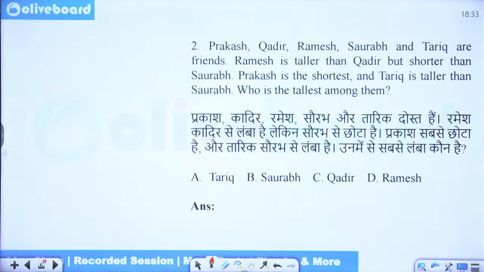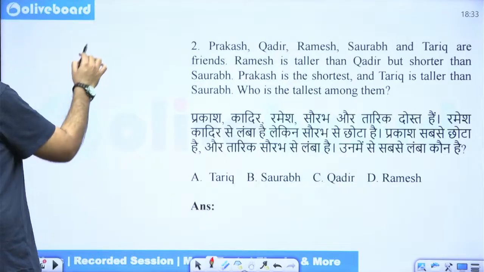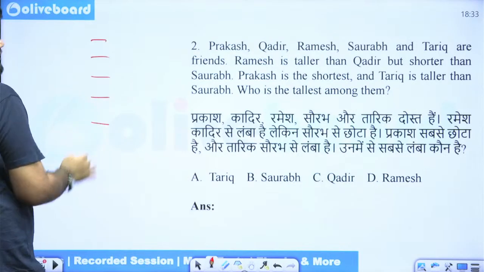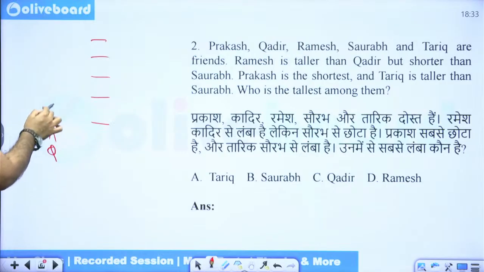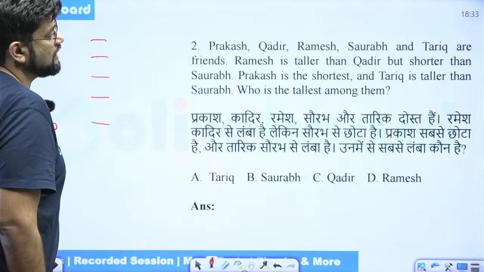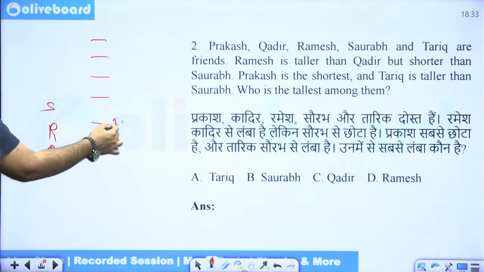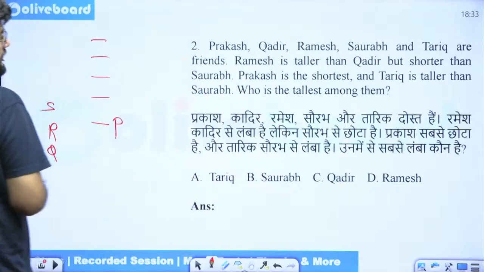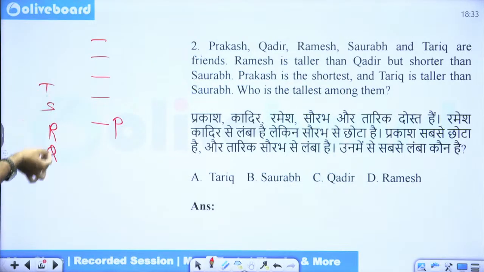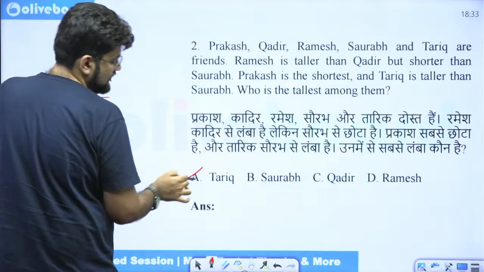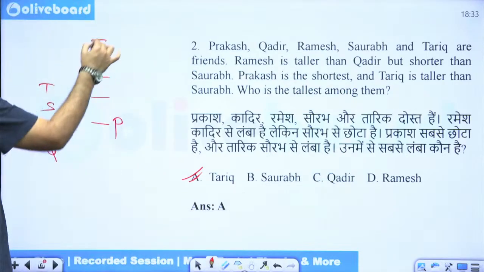Okay, very good. So Prakash, Kadir, Ramesh, Saurabh and Tariq. How many people? 5 people. Ramesh is taller than Kadir, taller than Saurabh. Prakash is the shortest. Look at the question first: the tallest. And Tariq is taller than Saurabh. We already know who is the tallest. Tariq. Done.